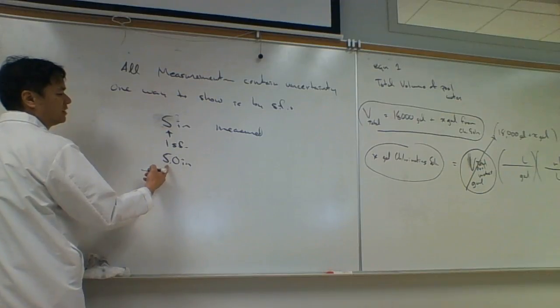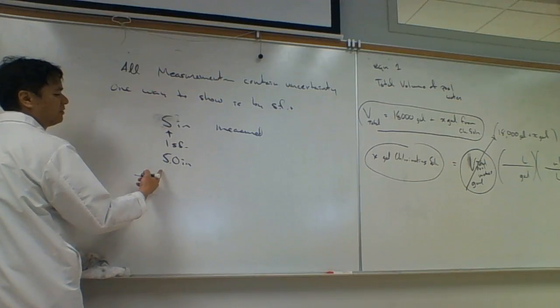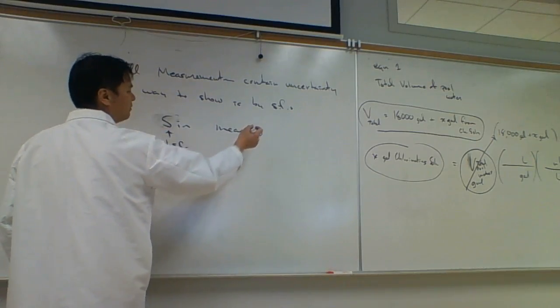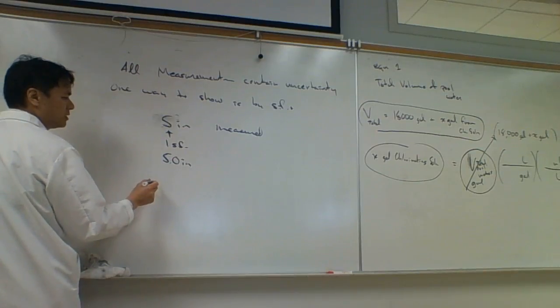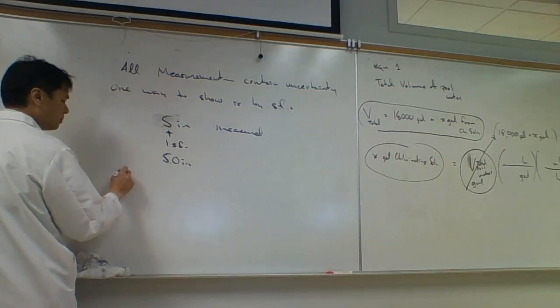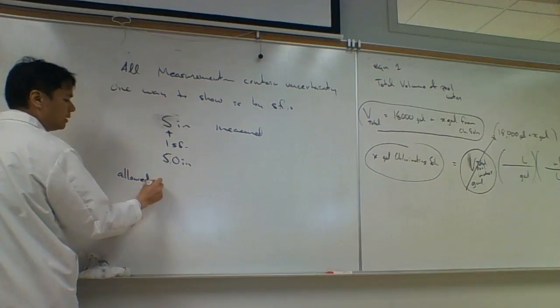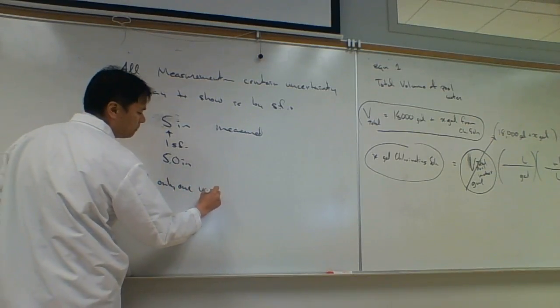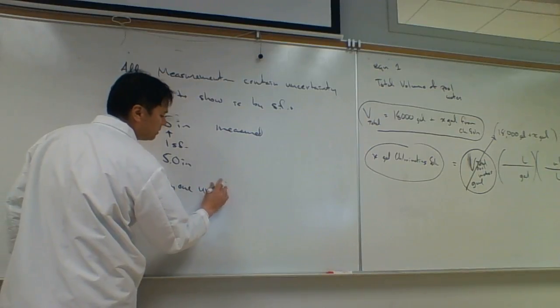The degree of uncertainty here is, when we show it by sig figs, we're allowed one uncertain digit. And only one uncertain digit. All the other digits should be fairly certain.